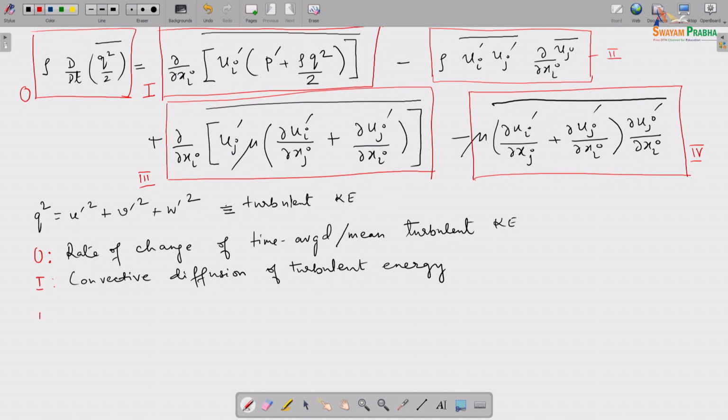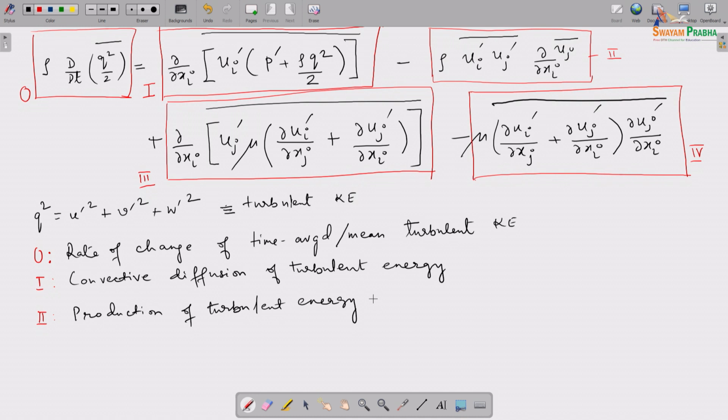Then, what is this? We shall discuss this a little later on. As of now, I'm going to just write this out. This is essentially the production of turbulent energy.